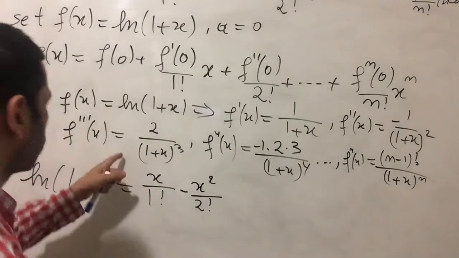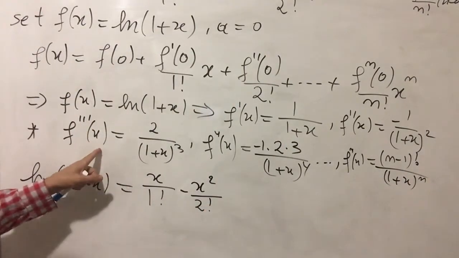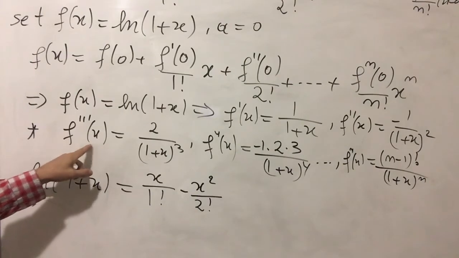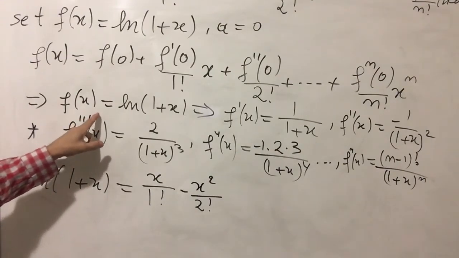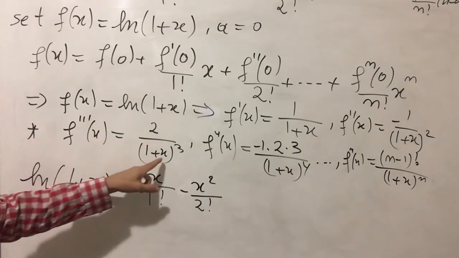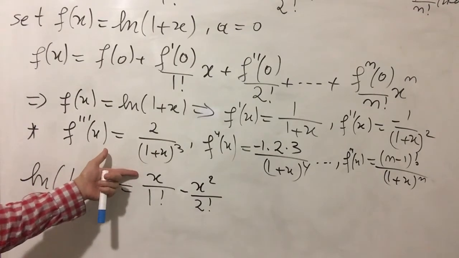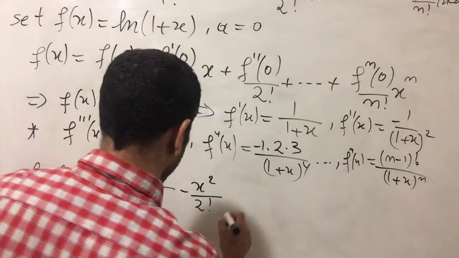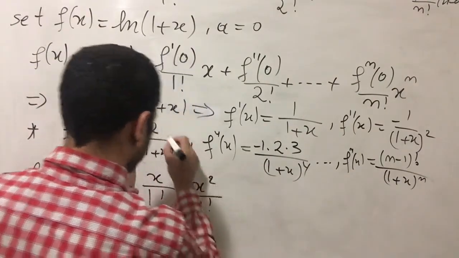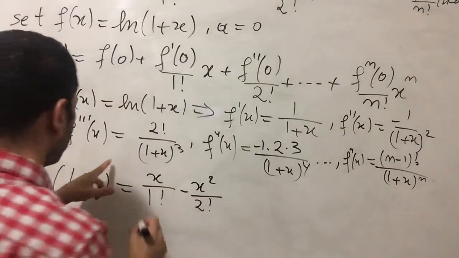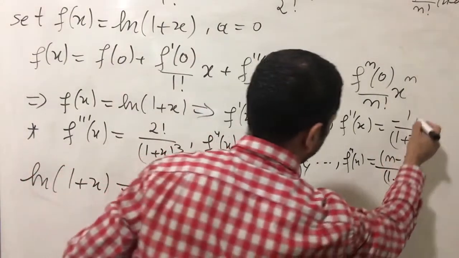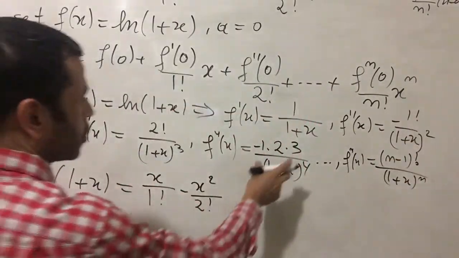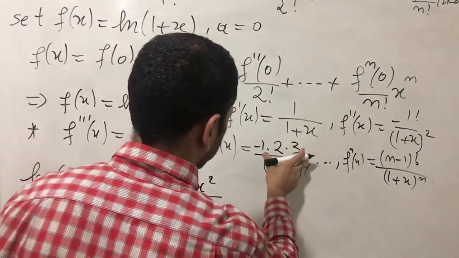Moving on to the third derivative function, if you plug number 0 into it, we'll have 2 over 1, which is 2. That means this 2 is 2 factorial, and this one is 3 factorial.